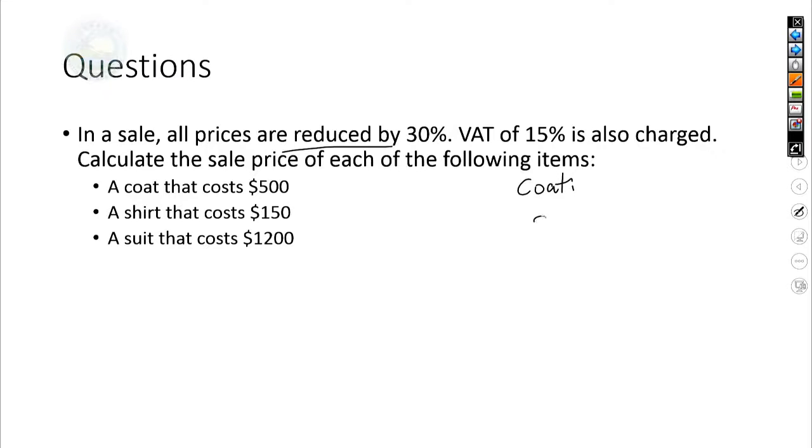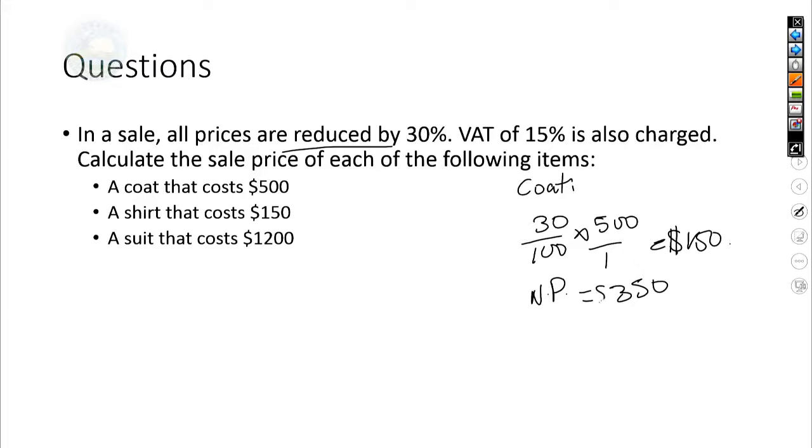The amount taken off will be 30% of the 500, which is how much? So that's $150 taken off, which means that the new price would have been $350.